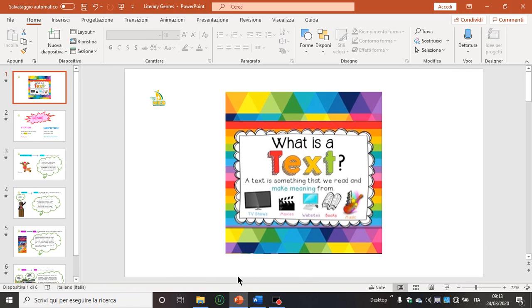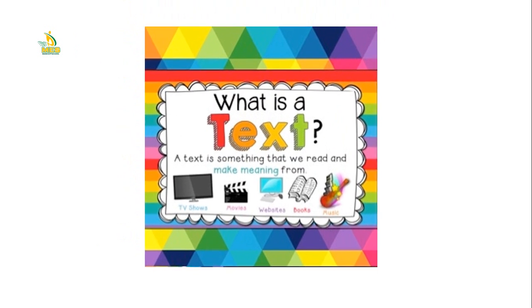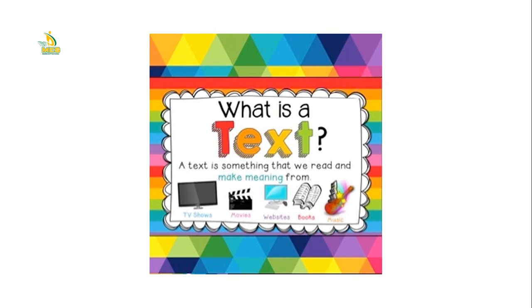Now, let me revise yesterday's lesson. Do you remember? Yesterday we talked about texts. What is a text? Do you remember? Good. A text is something that we read and make meaning from. Remember yesterday I gave you examples.